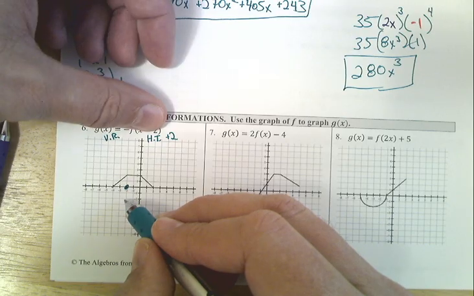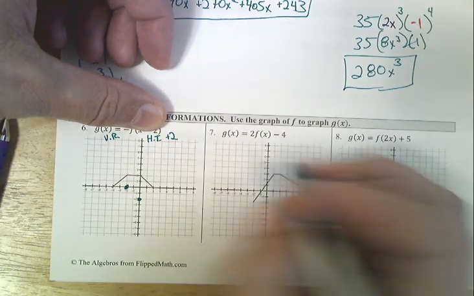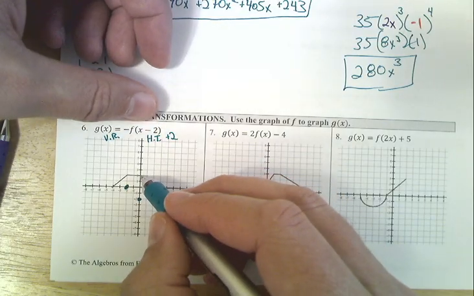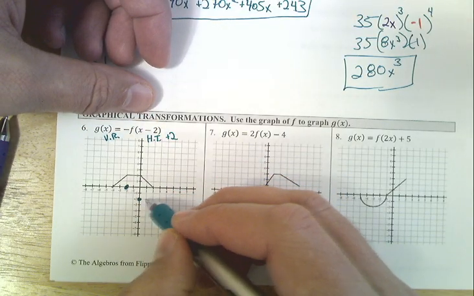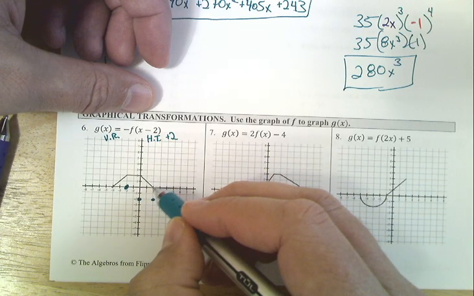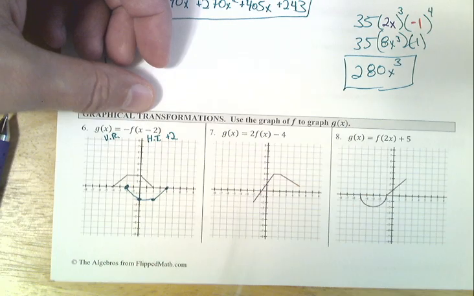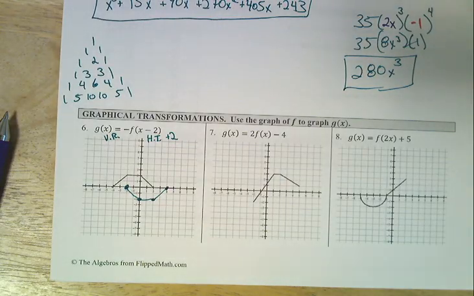And then it translates over 1, 2, right there. This next point flips down and then shifts over 2 to the right. And then here stays the same because 0 times negative 1 is 0, and then I shift right 2 again. So that ends up being right there.